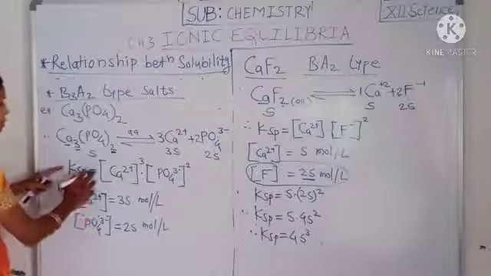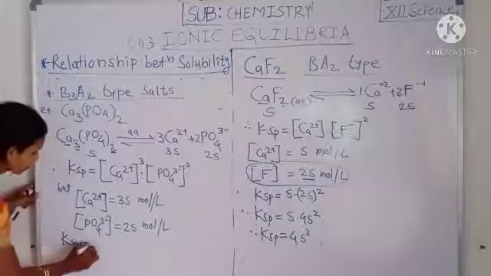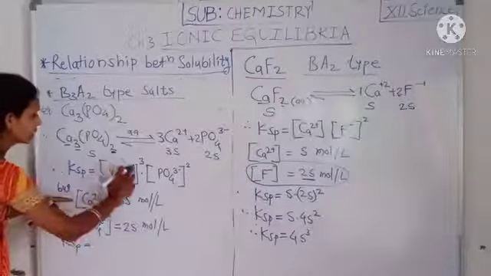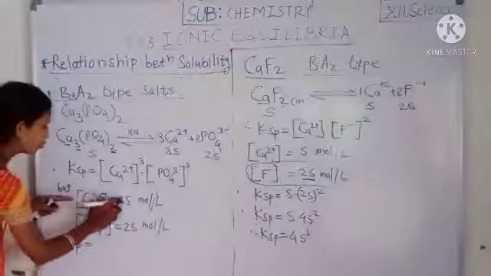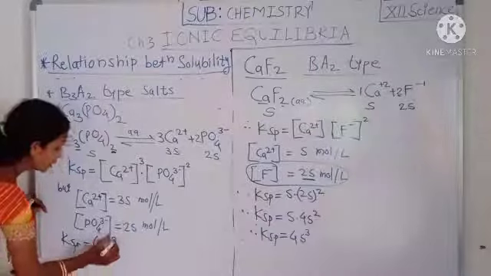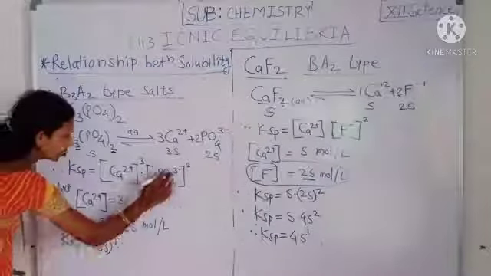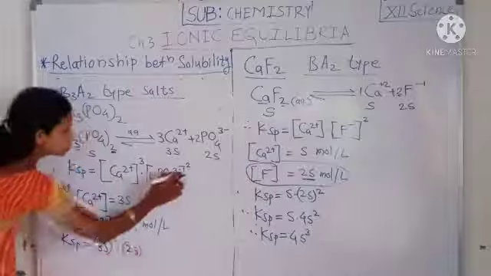Putting these values in this equation, we get Ksp is equal to the concentration of Ca2+ raised to 3, that is (3S) raised to 3, into the concentration of PO4 3-, that is (2S) raised to 2.